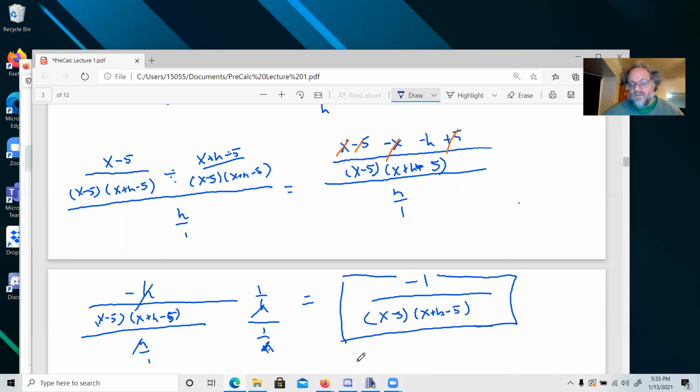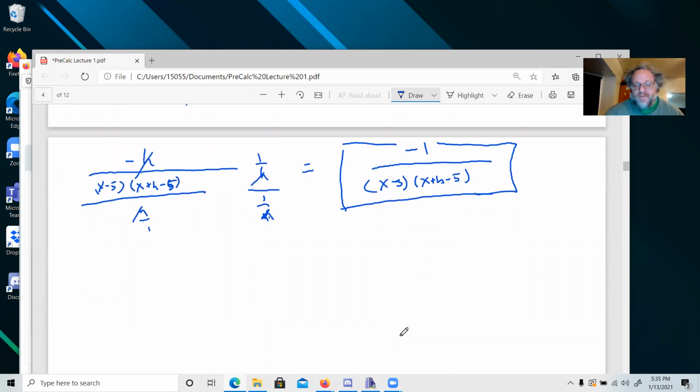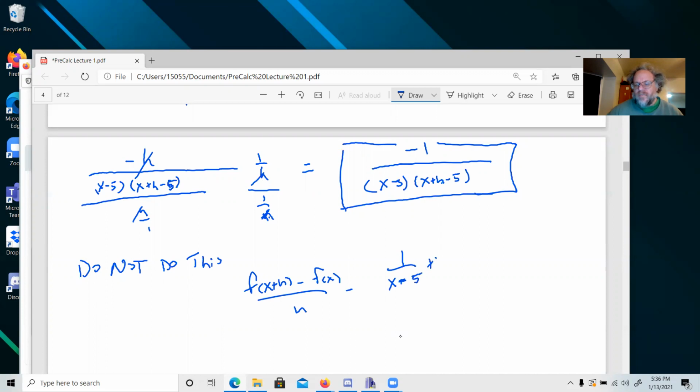What I don't want you to do, and this is a very common mistake students make, so do not do this, is they'll do f of x plus h minus f of x, all divided by h. And they'll say, okay, that's 1 over x minus 5 plus h minus 1 over x minus 5, all divided by h.